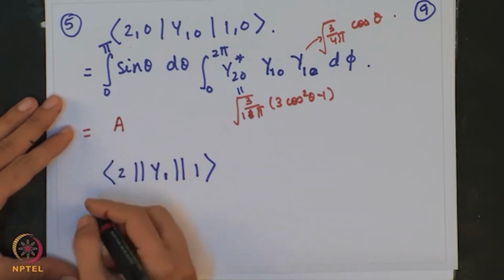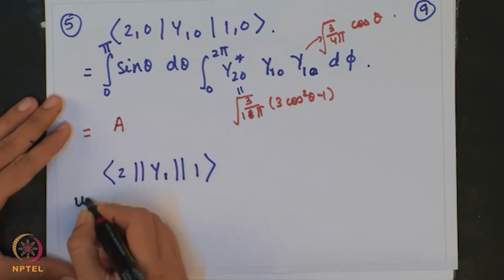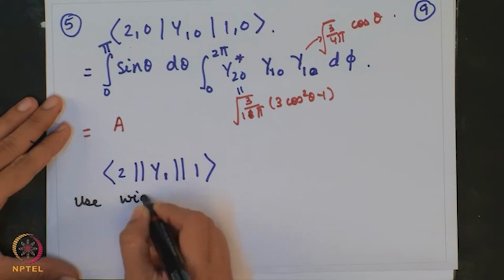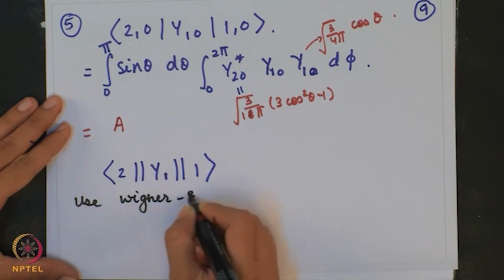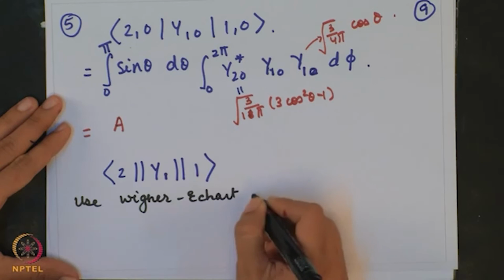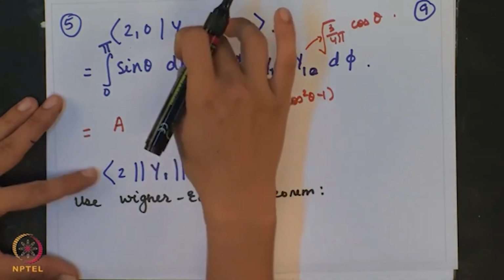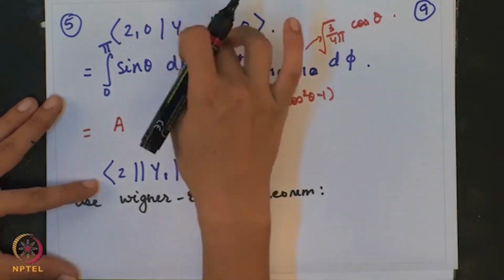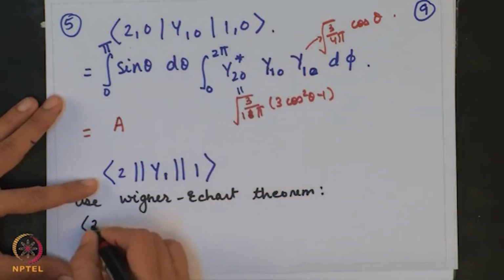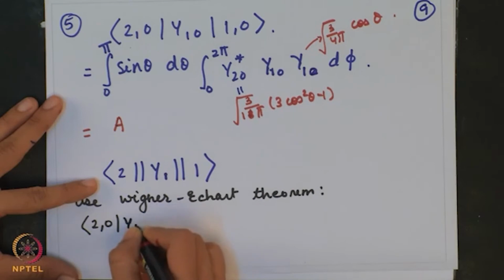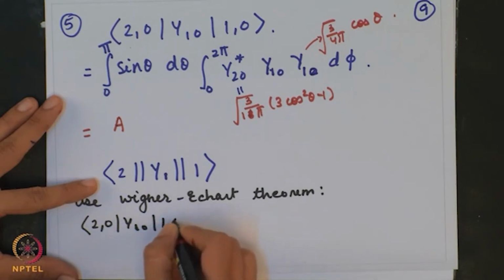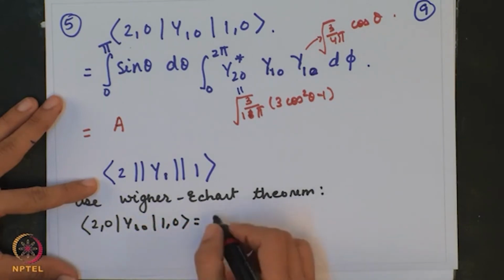Now, you can use the Wigner-Eckart theorem, and using the Wigner-Eckart theorem you can rewrite this as <2 0|Y 1 0|1 0>.